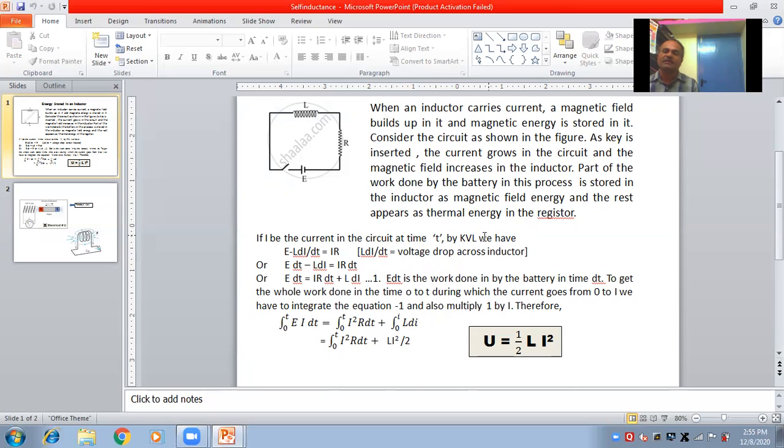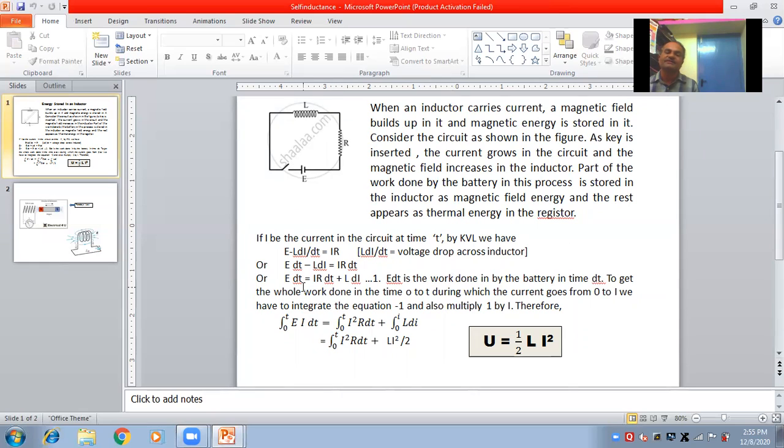By Kirchhoff's voltage law, we can apply KVL to the circuit. According to that, it becomes E minus L into di by dt is equal to IR. This L into di by dt, as you know, is the voltage drop across the inductor.